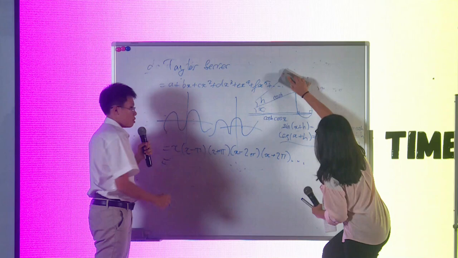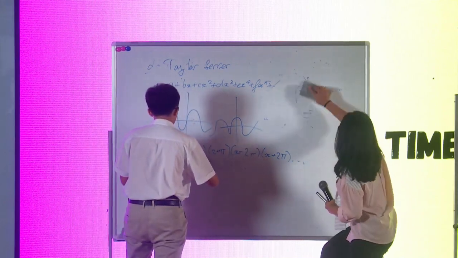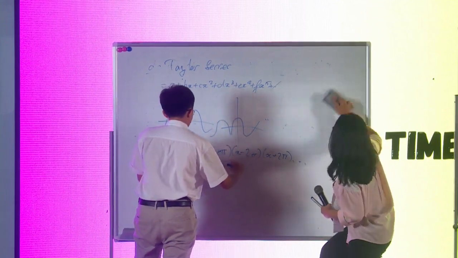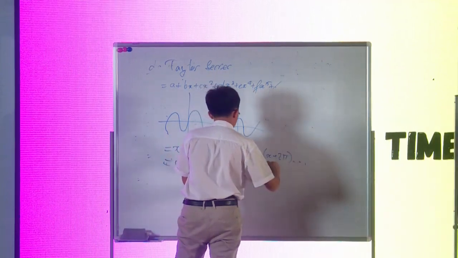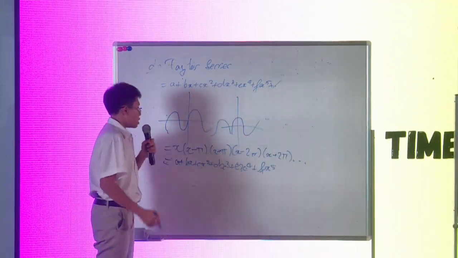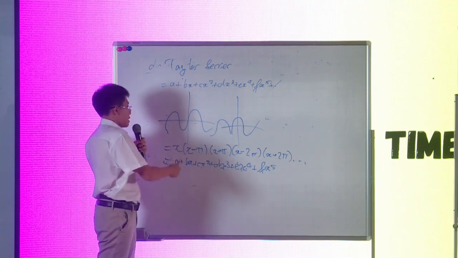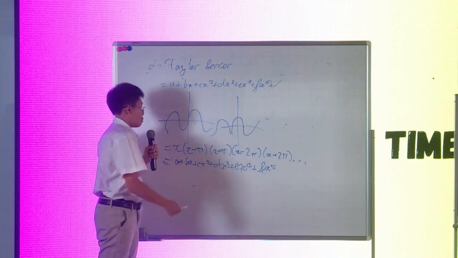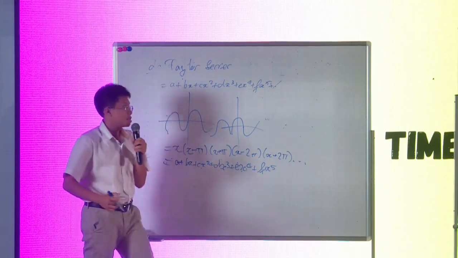But it is also expressed as a plus bx plus cx squared plus dx cubed plus ex to the power 4 and fx to the power 5. So we can clearly see that the sine graph and the cosine graph have the product of infinite terms and also the sum of infinite terms. So it is considered a Taylor series.